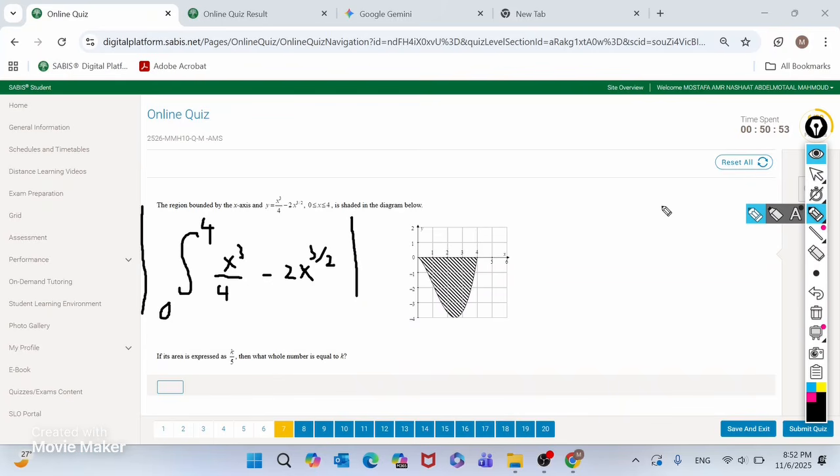So now we're just waiting for the calc. Okay, so you get 48 over 5, and they want k over 5, so k is 48.